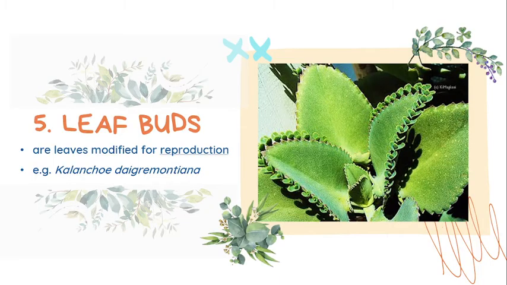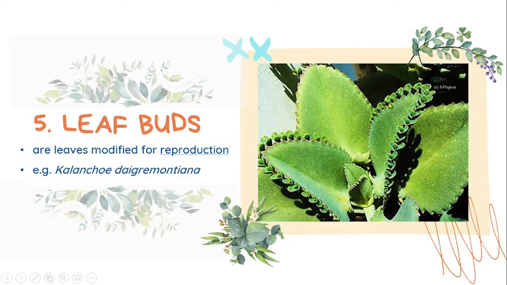Next up, adorable leaf buds. These leaf buds, these small leaves that you see here on the side of the big leaves, are modified for reproduction. These are actually pretty common here in the Philippines. I think some of you already have this in your homes.